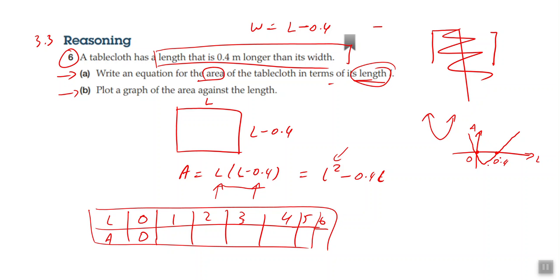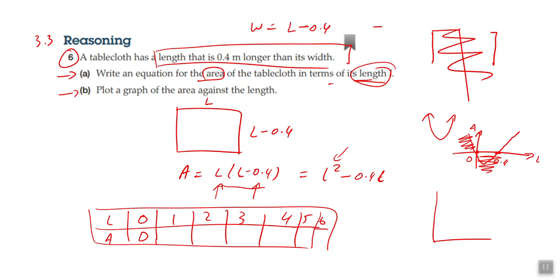The area can't be negative, so we have to discard that part, because we don't want a graph where the area is negative, and we don't want where the length is negative as well. So our values really start at 0.4. I'm just drawing 10 values to get an idea of how to draw the graph. But essentially, we want the graph after or equal to 0.4.